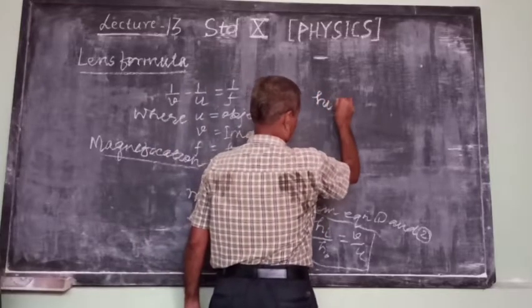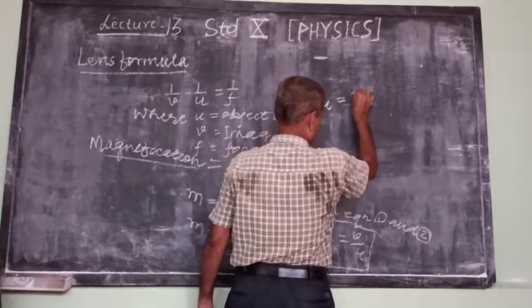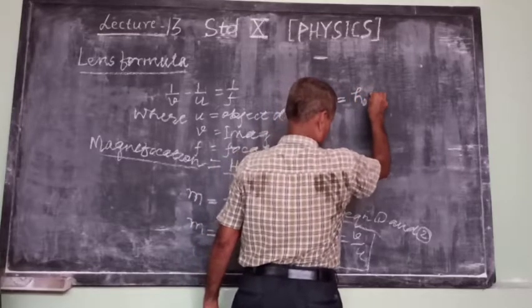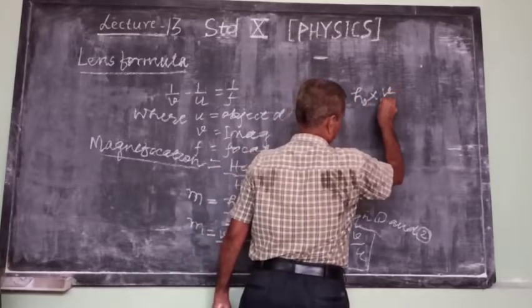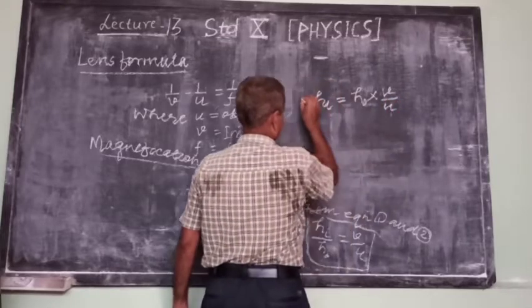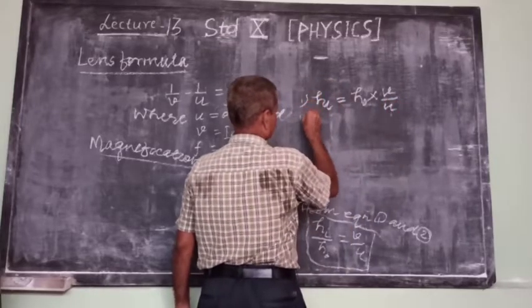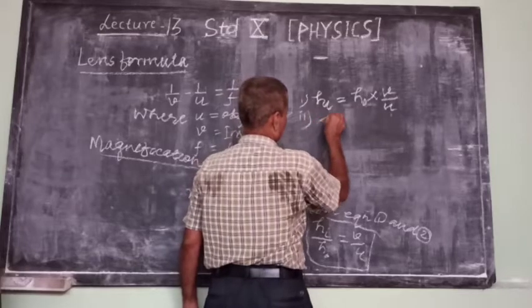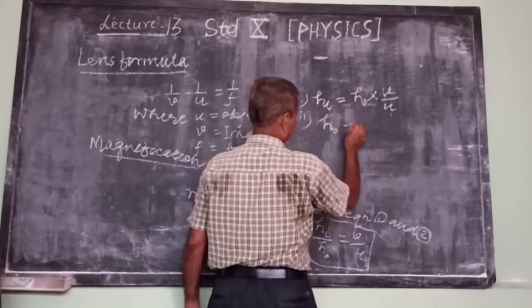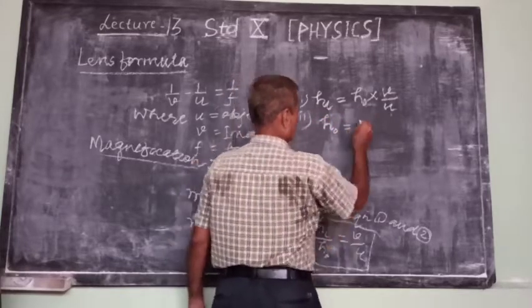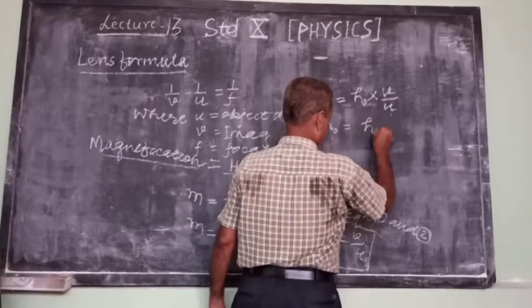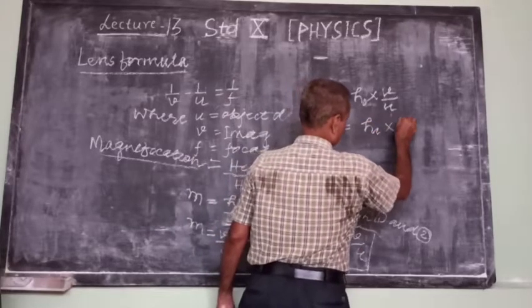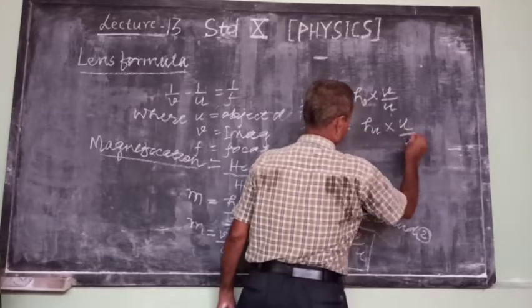hi can be written as ho into v by u. Second, the height of the object, ho, is hi into u by v.